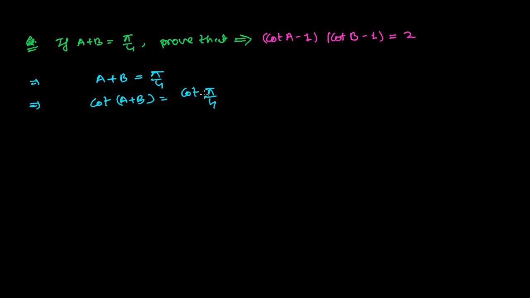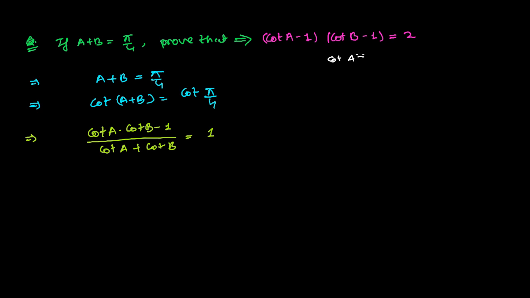Pi over 4 is actually 45 degrees. And one thing let me tell you here, if you know the formula of cotangent a plus b, that's very nice. That is actually cot a times cot b minus 1 divided by cot a plus cot b, right? And the value of cot pi by 4 is 1. If you don't know the formula for cot a plus b, then you can do one thing.